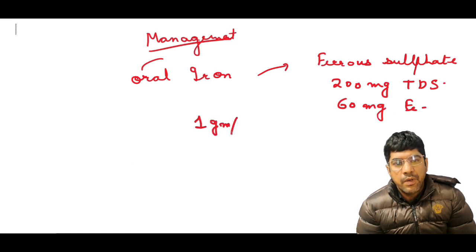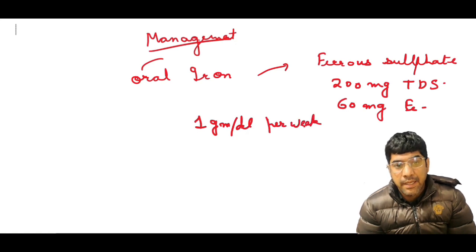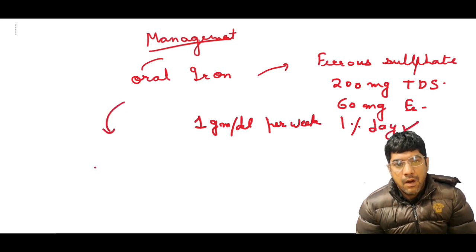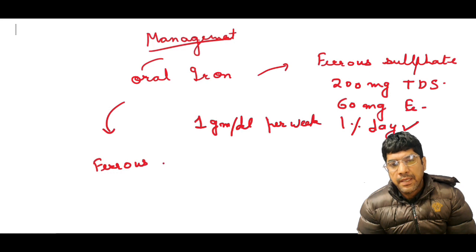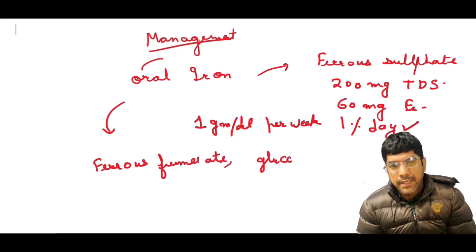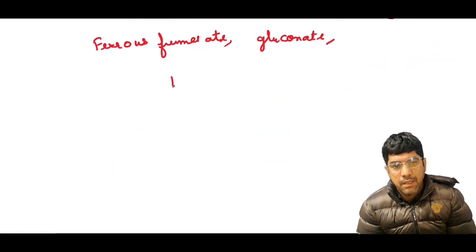You have to continue until the hemoglobin normalizes and for 6 to 8 months to replenish the iron stores. Alternative oral preparations that you can give are ferrous fumarate, ferrous gluconate, polysaccharide iron, carbonyl iron.